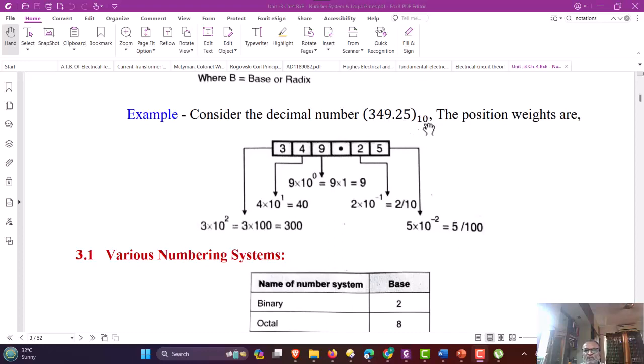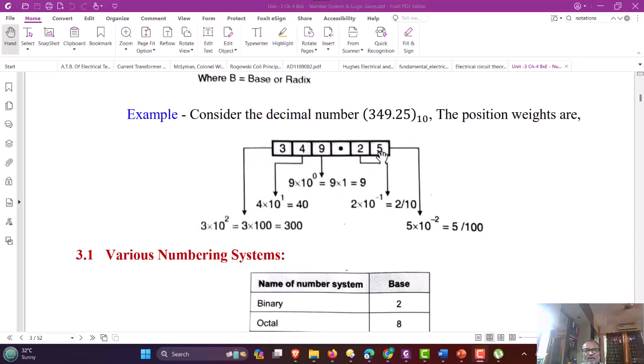This is one way to represent that this number is in the decimal system. Whereas in the decimal system, we normally ignore this subscript. Sometimes instead of 10, the letter D can also be used. And in decimal system representation, most of the time, we simply ignore the subscript. We just say 349.25 is a decimal number.